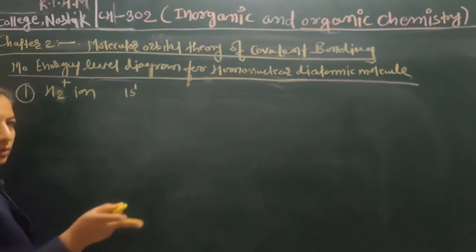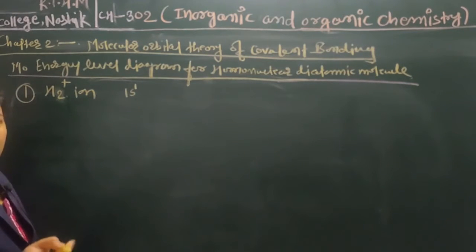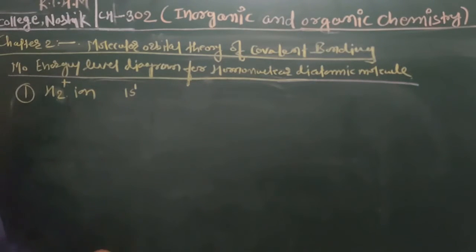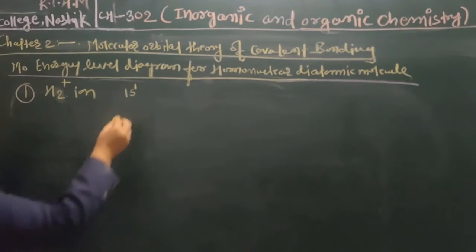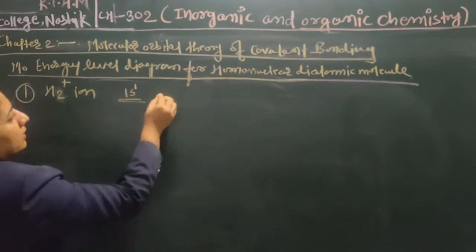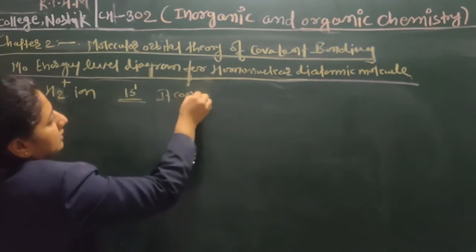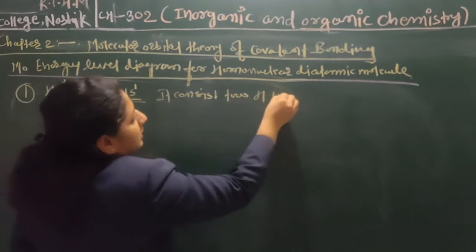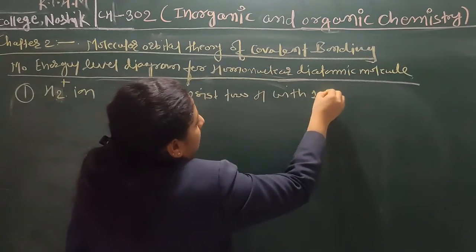So there are two hydrogen atoms, with one electron for each hydrogen atom, but here is a plus charge, so there is only one electron in total.